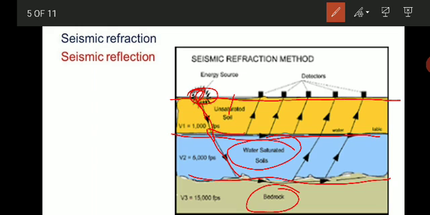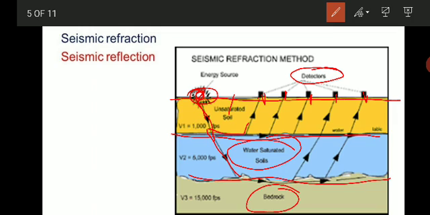These are the different detectors, also called geophones. They are placed at various locations at a distance from the source of energy. The waves are picked up at various points on the ground surface by the geophones.